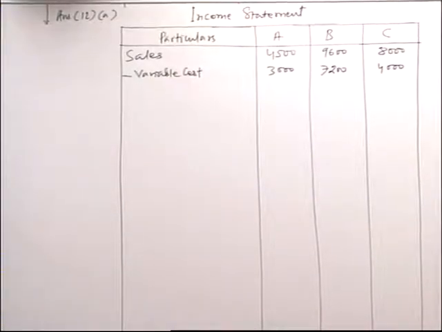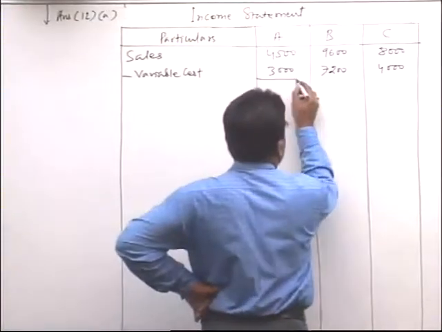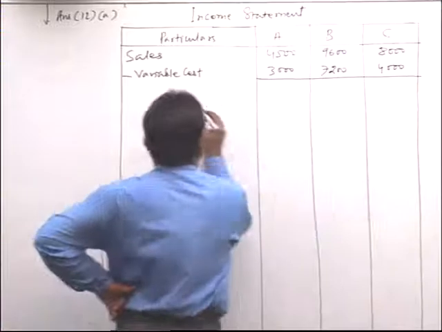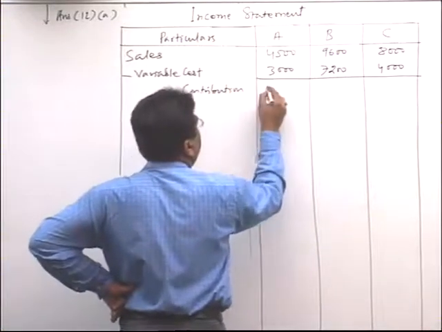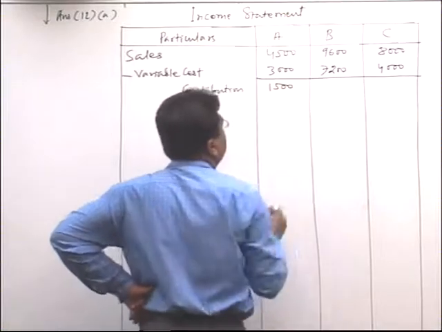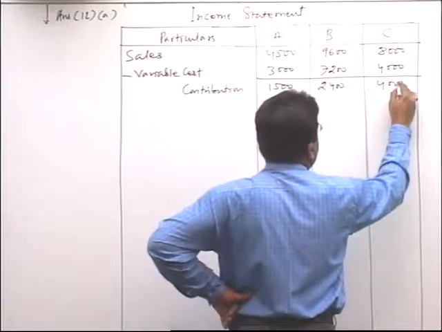Now deduct this, it will give you contribution. So contribution is 1,500, then 2,400 and 4,000.